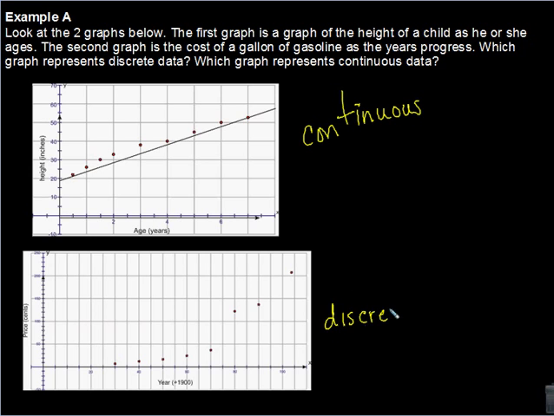Discrete because they're individual points, they're not blending into each other. Makes more sense now? Yeah. So when you have continuous, your data can run into each other, and when you have discrete, you have individual dots.